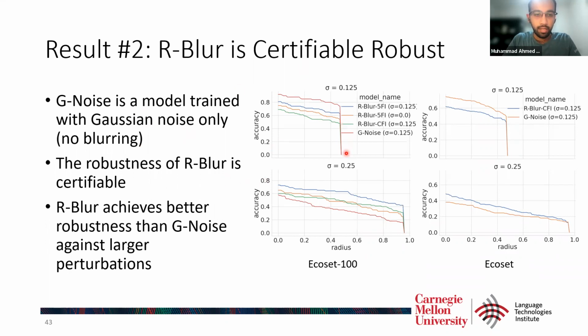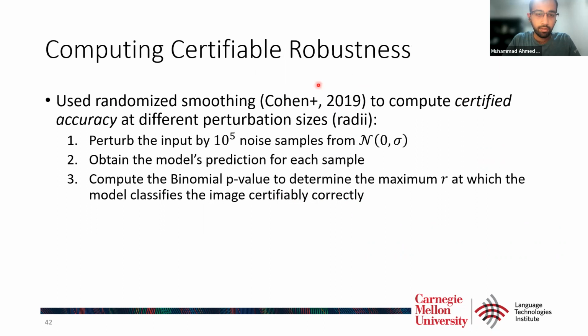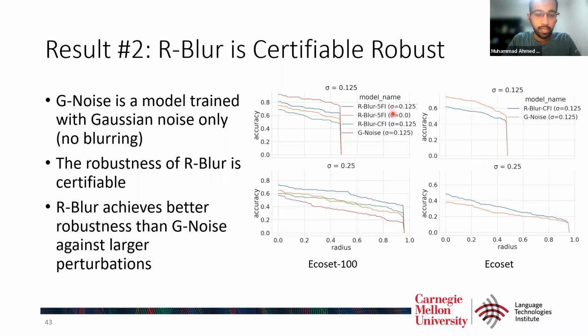And what we see here is that at different radii, the certified accuracy of R blur is relatively high. However, the sigma over here corresponds to the sigma that is being used to compute the certified accuracy, whereas the sigma over there corresponds to the amount of noise that is added during training of the model.